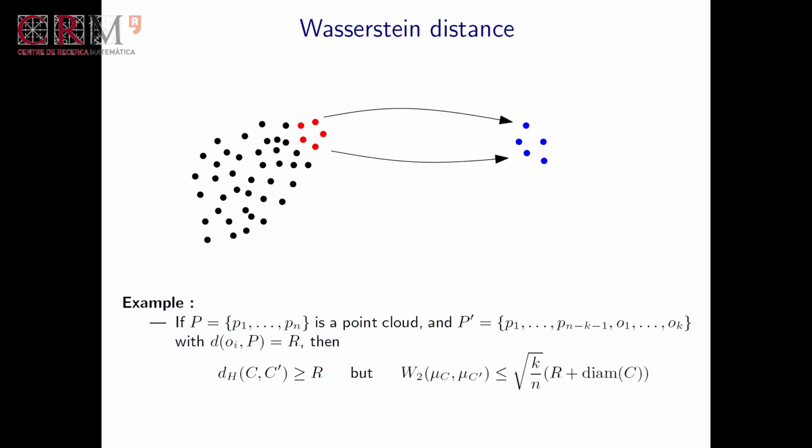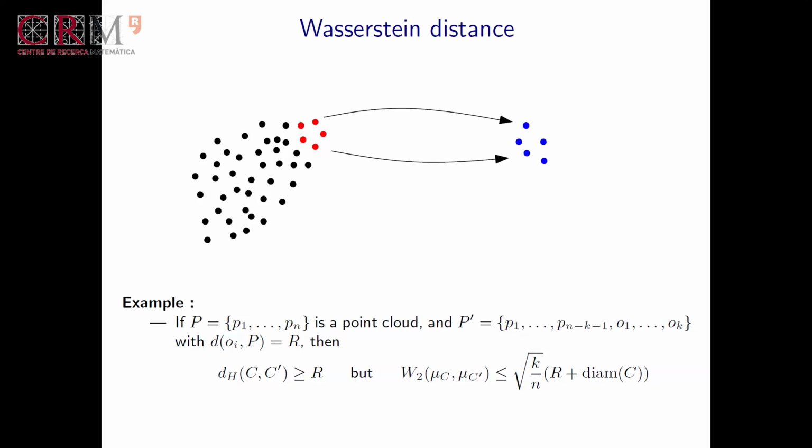Okay? And now, if I look at this as two empirical measures, the weighted sum of the Diracs on top of these points, well, there is an obvious transport plan between these two measures, which is the one that does not change the mass at the black points and just brings the blue points back to the red points.